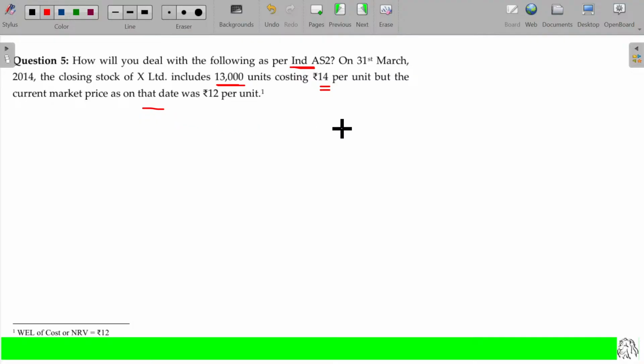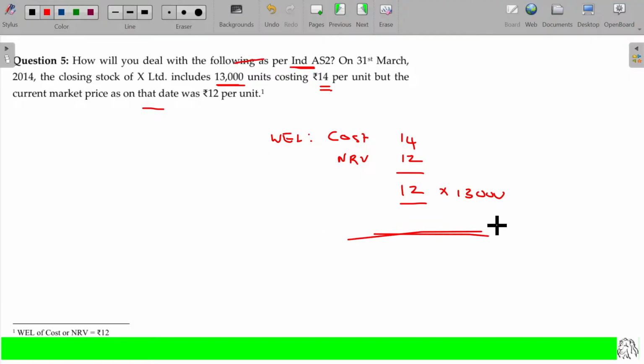In case of finished goods, cost or NRV, whichever is lower will be taken. Current market price being 12, cost being 14, you can take only 12 rupees. How many units are there? 13,000 units. This will be the value in case of finished goods. Is that clear?